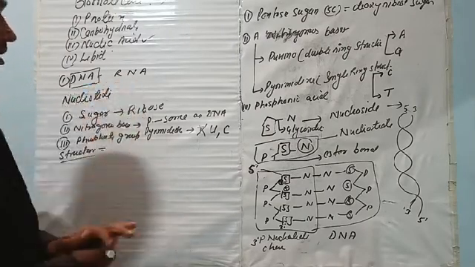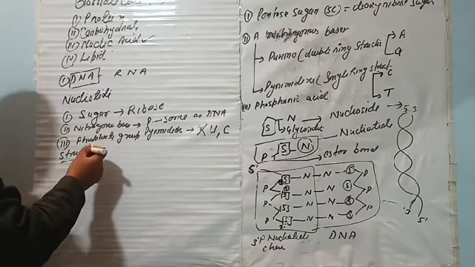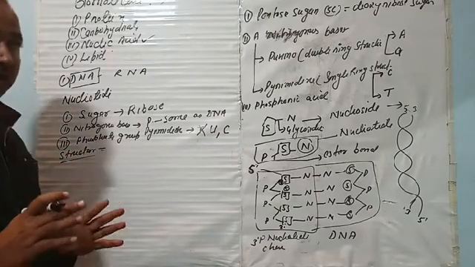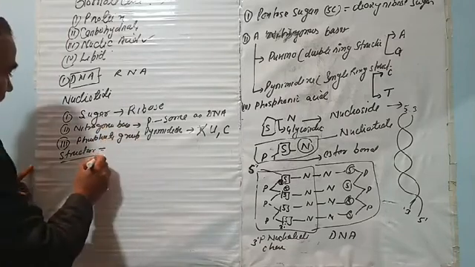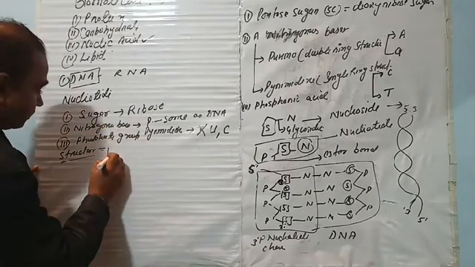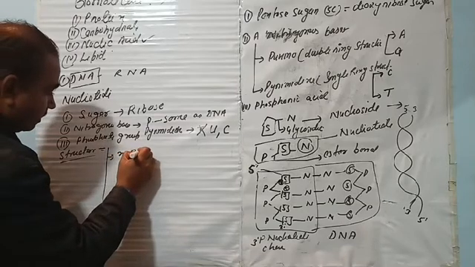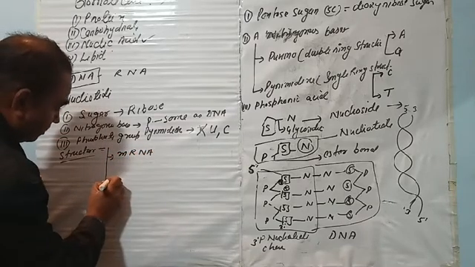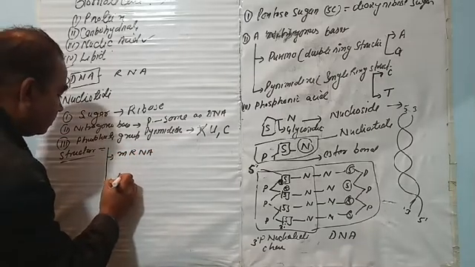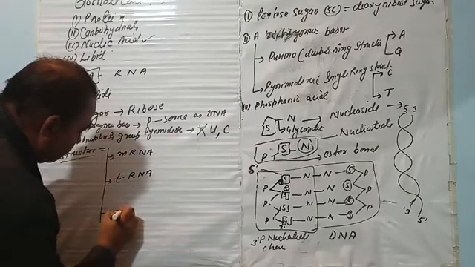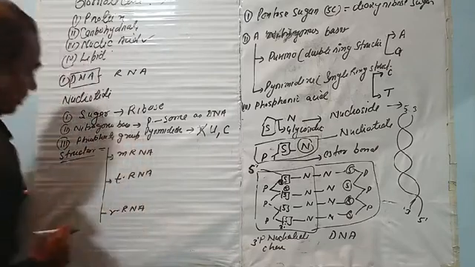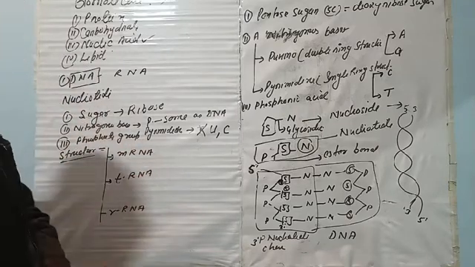You know that in reference to living things, RNA is of three types. One is the mRNA, second is the tRNA, and last one is the rRNA. They perform different functions.